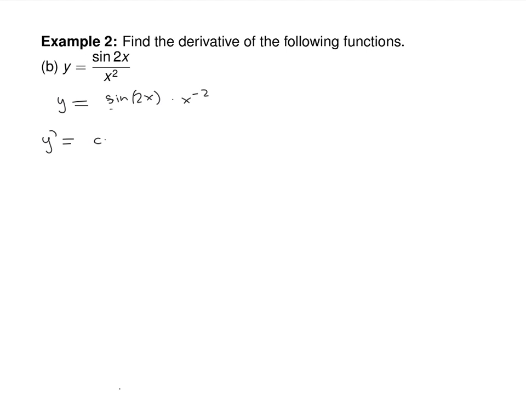sine's derivative is cosine. Because I differentiated the sine of 2x, what do I have to multiply by? 2, because of the chain rule, good. Plus sine of 2x multiplied by the derivative of x to the negative second, which is... yep.